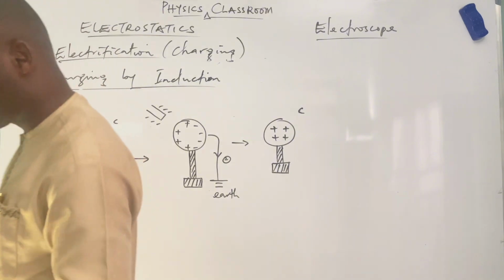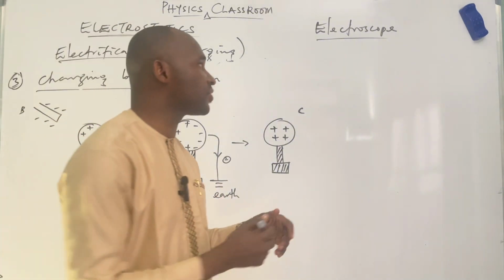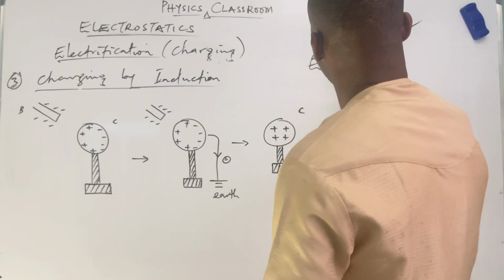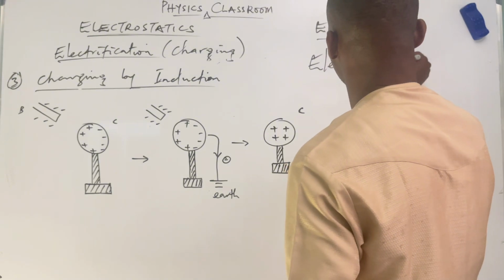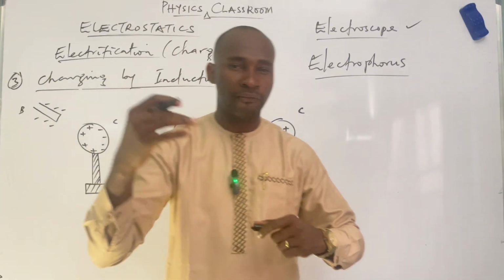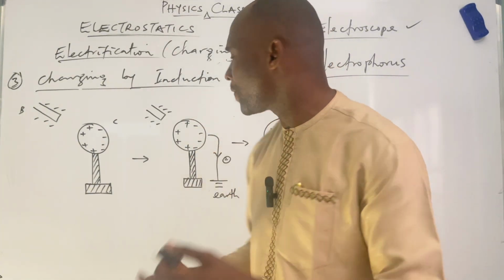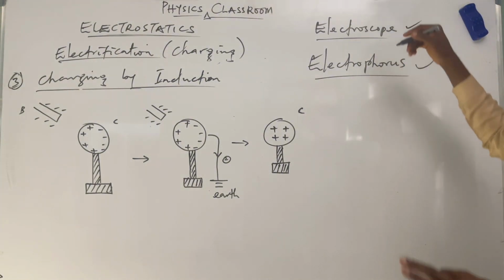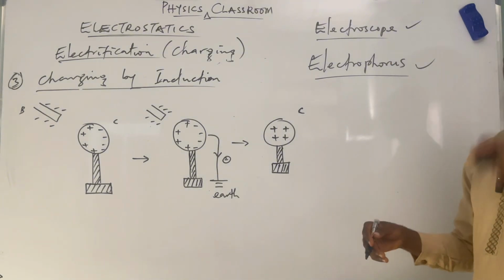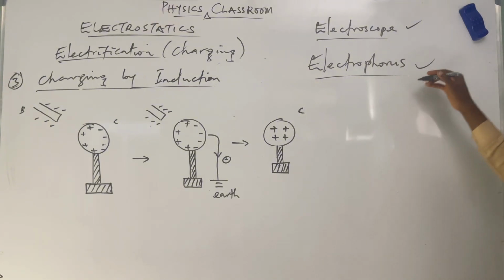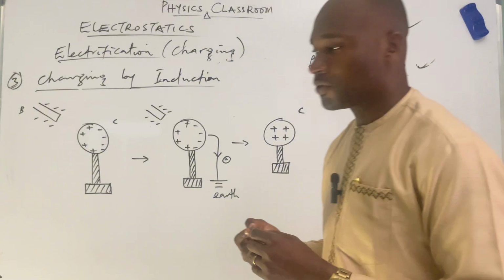What about another one we call electrophorus? Electrophorus is a device for transferring or storing electric charges. While the electroscope is used to detect or test small electric charges, the electrophorus will either transfer or store the charge. So that's that about that.